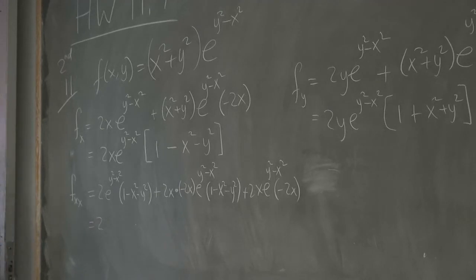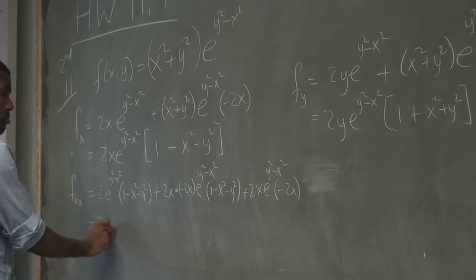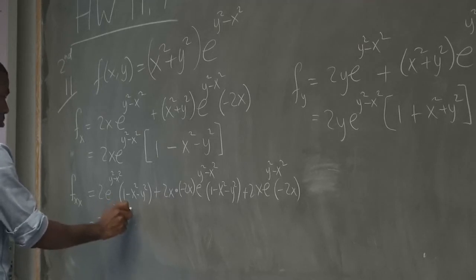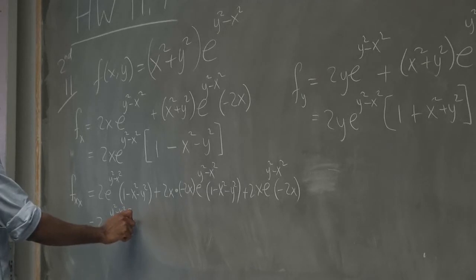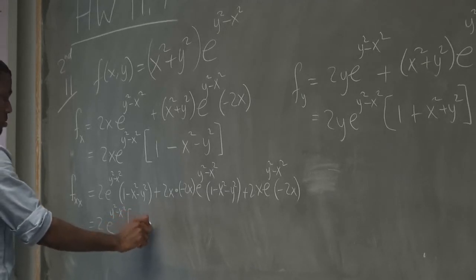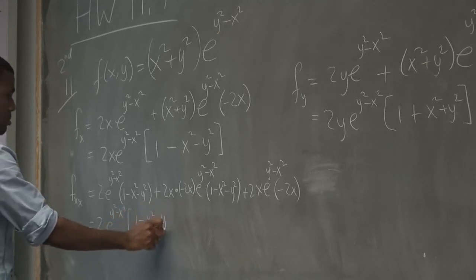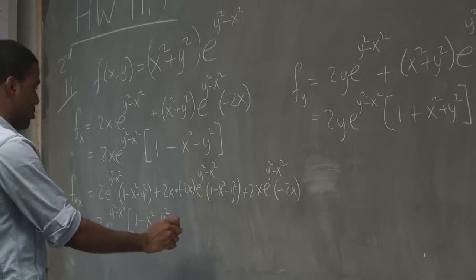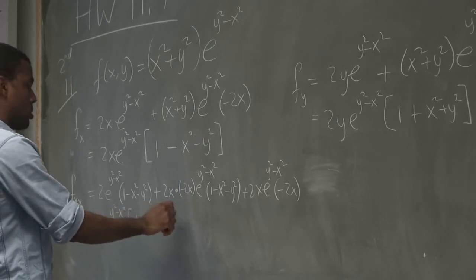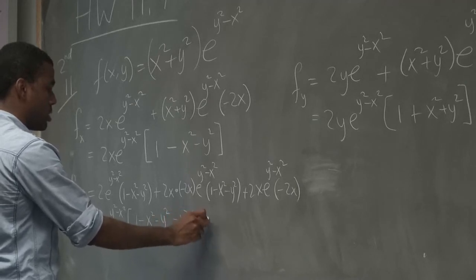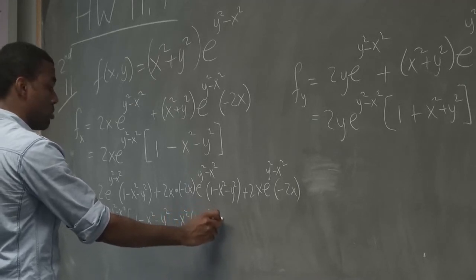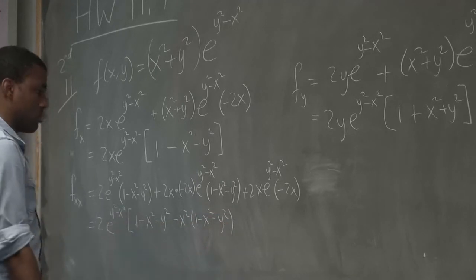Can we simplify this? Yes. I took out the 2, so this is just minus x squared times 1 minus x squared minus y squared.